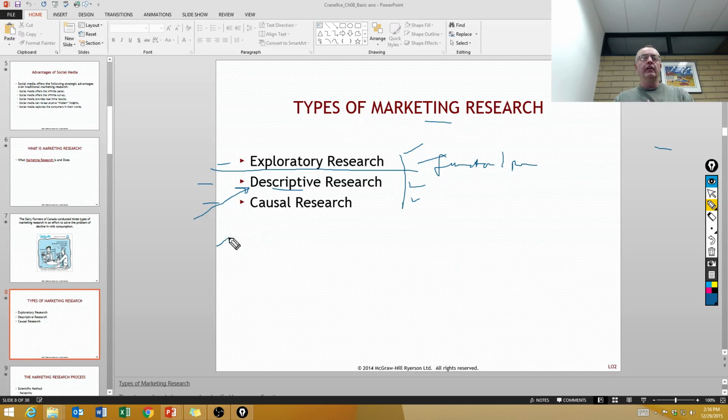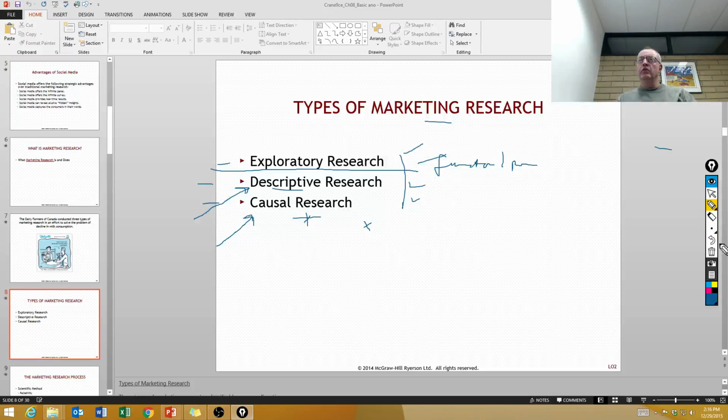And then at the causal research stage, the Canadian Dairy Farmer Association put out some new ads that emphasized the healthy aspects of milk, and they discovered that that resulted in an increase in milk consumption. So the new advertising campaign was the independent variable, it was the cause, and the effect was the increase in sales.